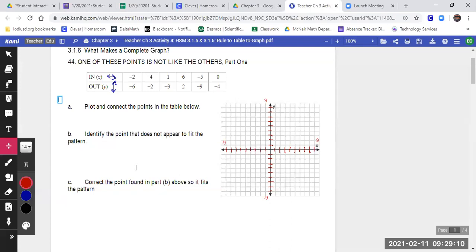What was the smallest X? Closer. Look on the X line. What's the smallest number up there? -5. So my first coordinate would be parentheses, -5, and its Y is -9.